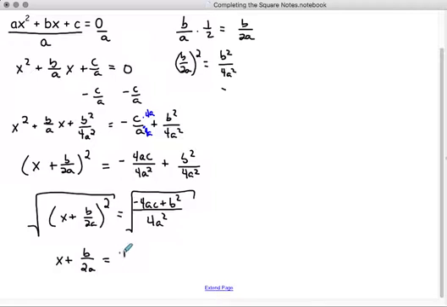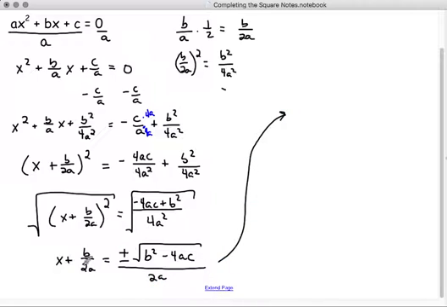It's plus or minus, positive or negative, from this side. On the top, I can't take a perfect square, so I'll just rearrange it: b squared minus 4ac, divided by the square root of 4a squared, which is 2a. Again, starting to look a little bit familiar.